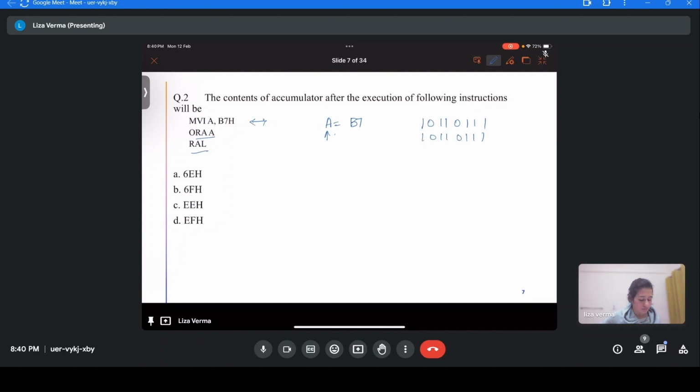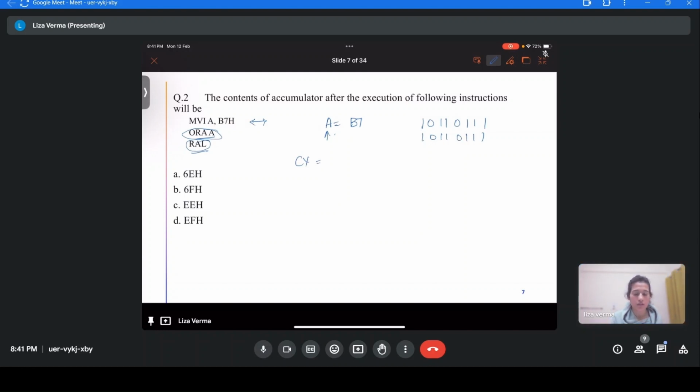Left shift of the accumulator, and it will exchange that bit with carry. So for this, we need to know what will be the status of carry. This OR instruction modifies the flag registers. So the carry flag will be what?